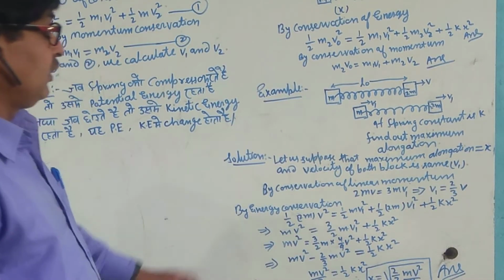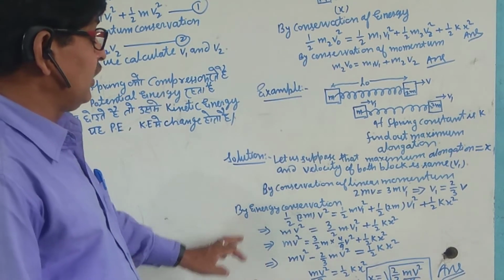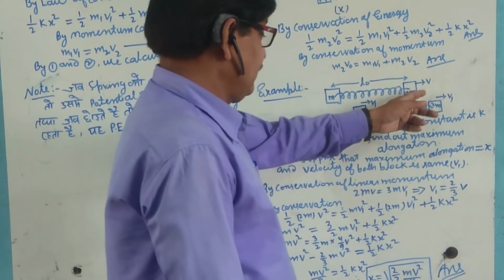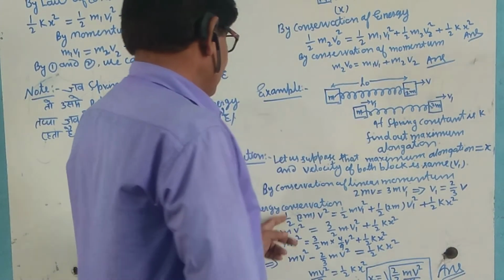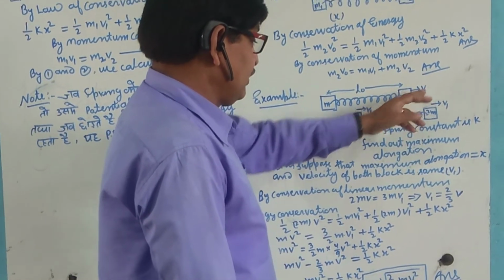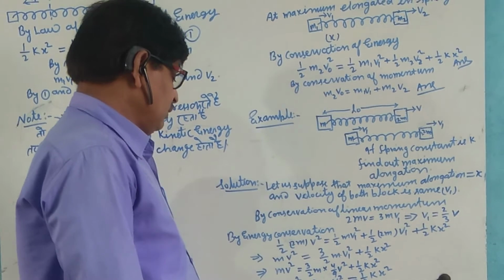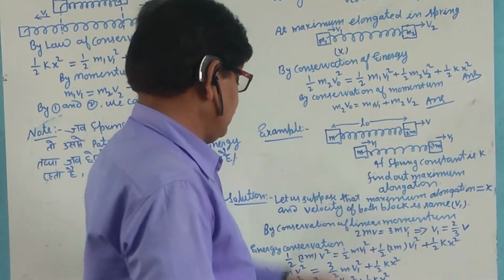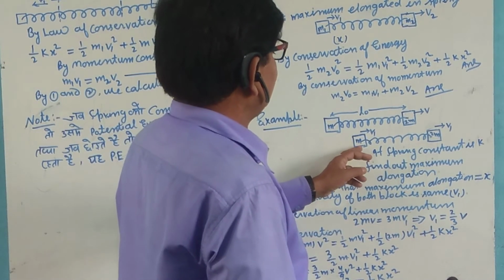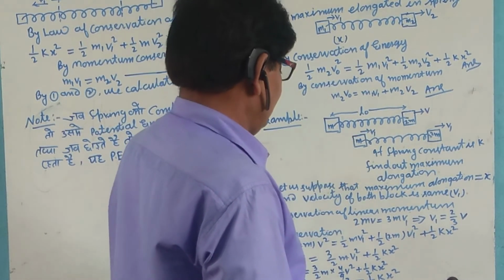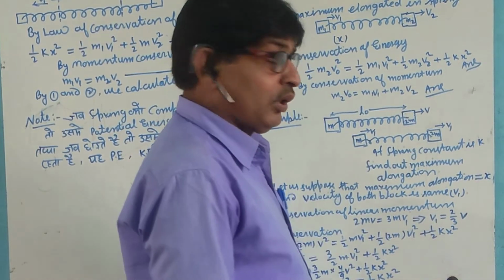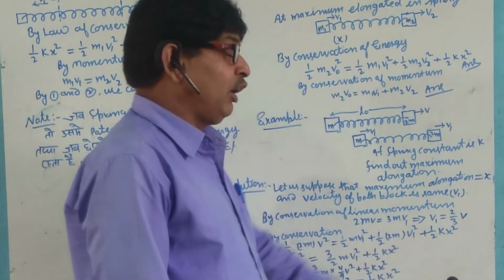Now by energy conservation, 1 by 2 into 2m into v square, this velocity is v and mass is 2m, equal to 1 by 2 m v1 square plus 1 by 2 into 2m v1 square plus the potential energy half k x square.